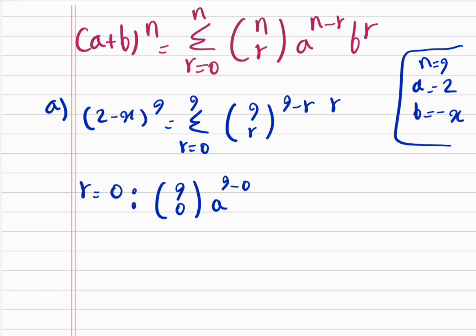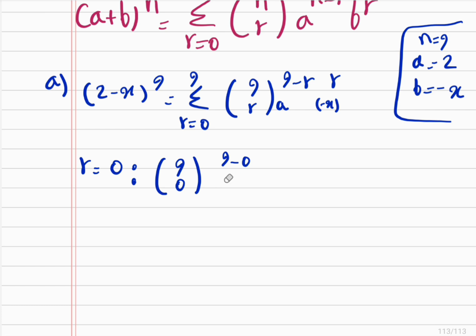So instead of a, we write 2 to the power of 9 minus 0, and then minus x to the power of 0.